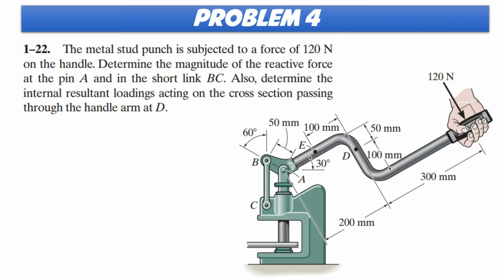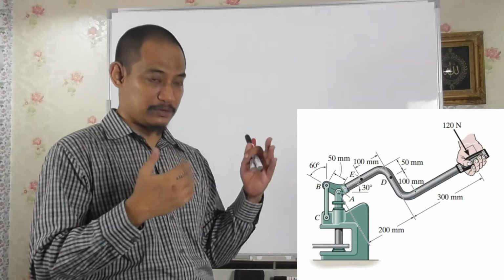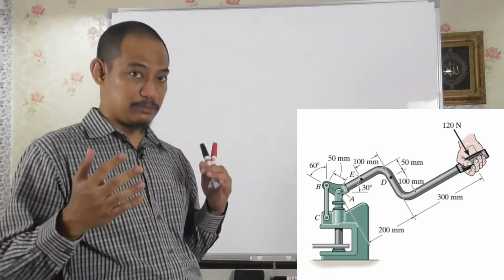One is what we have covered in frame and machine in chapter 6, which is the first part. The second part is chapter 7, cutting at point D and finding the internal loading. So the question has two components, and we will cover both.